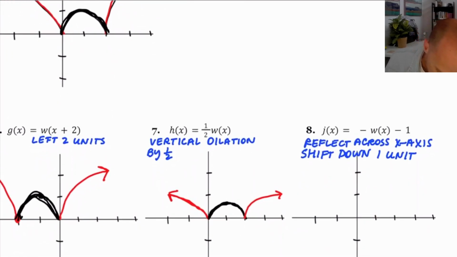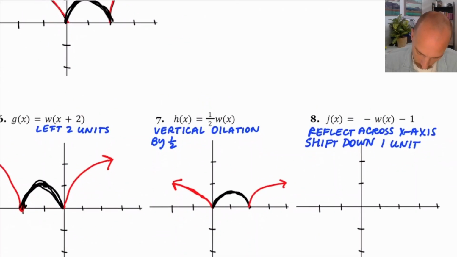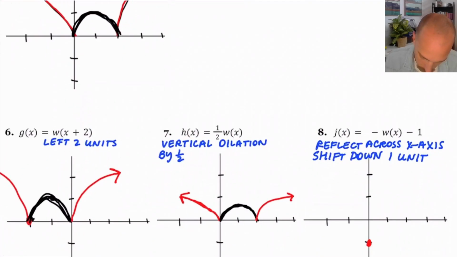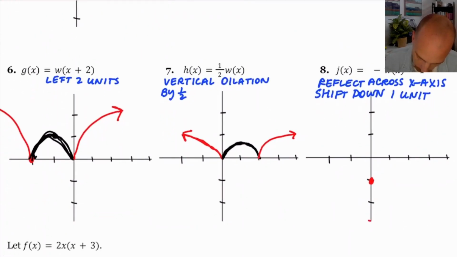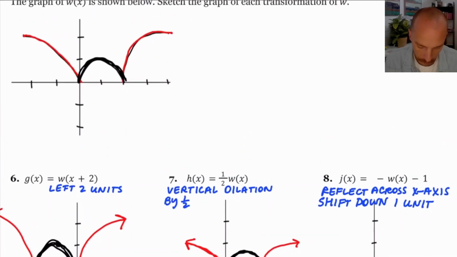All right, so the left arm is now going to come down underneath the x-axis, but it's also going to start from 1 unit down. So I think it's going to start over here, and it went up 2, so it should go down 2. Maybe I'll just make that 3, something about like that. And then we had this lump in the middle, and so it's upside down and got moved down by 1.